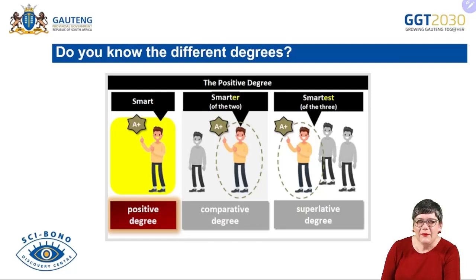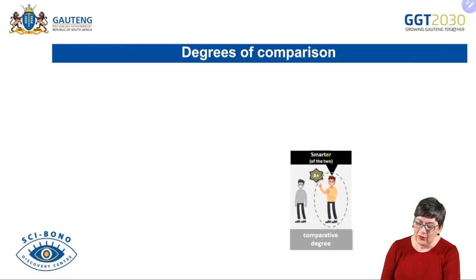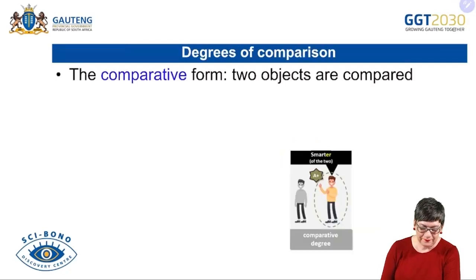Comparative obviously comes from the word to compare. So in that case, as you can see in my picture, we'll have two people that are compared to each other. But in the superlative, we'll have the smartest. So he is the best of them all. So keeping that in mind, let's see how it works. We'll start with a comparative degree.